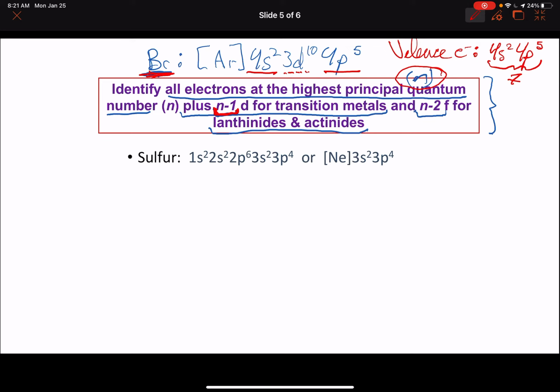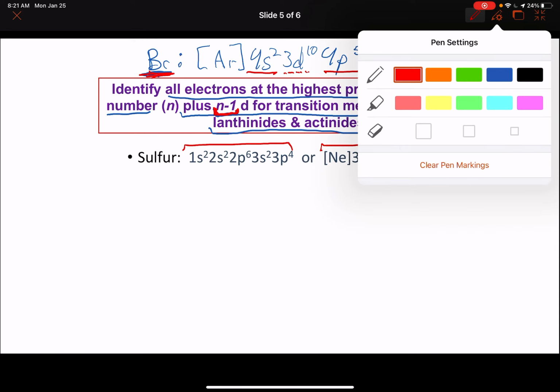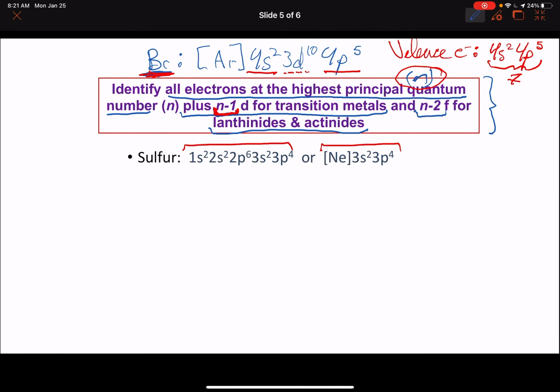So here's sulfur. The full notation is shown here. The shorthand is here. See if you can identify, again, pause the video as needed, the valence electrons from either configuration. Yeah, so hopefully you flipped back and you saw that sulfur is not a transition metal.